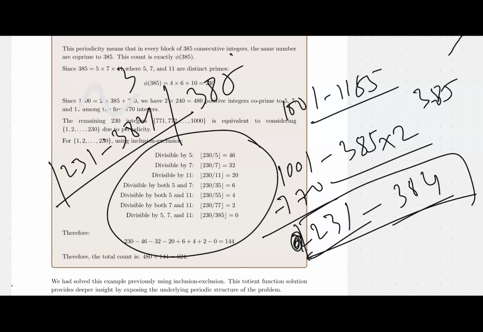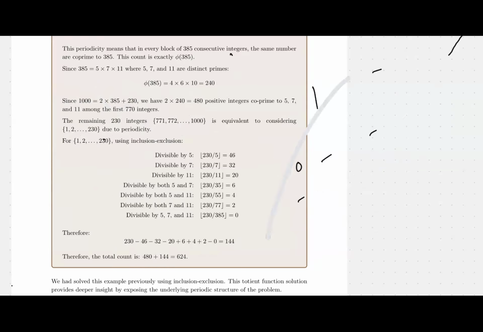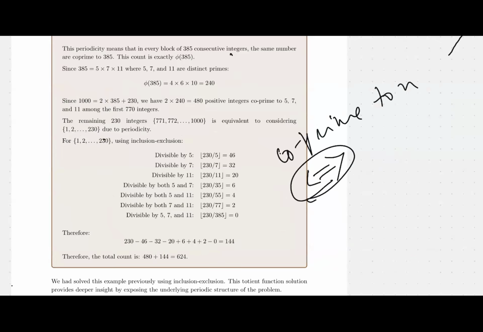a number is co-prime to n if and only if... So do you understand this notation? Yes, sir. Do you understand if and only if? Yes, sir.